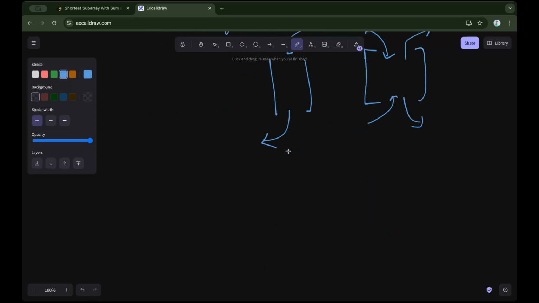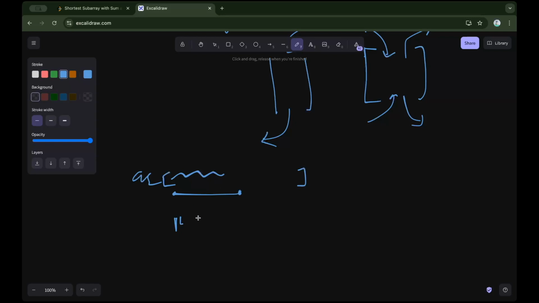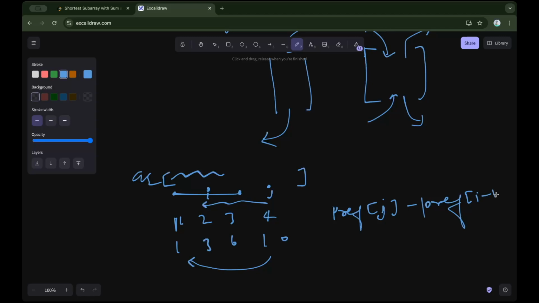And what is prefix sum? If you're not familiar with prefix sum, you can ask for a detailed video, but prefix sum is basically, let's say, an array, and if I need a sum of this, then I'll just accumulate this, like 1, 2, 3, 4 will be written as 1, 3, 6, so that whenever I need a sum of this subarray, let's say i and j, I can subtract: prefix of j minus prefix of i minus 1 would be the sum of subarray i to j.